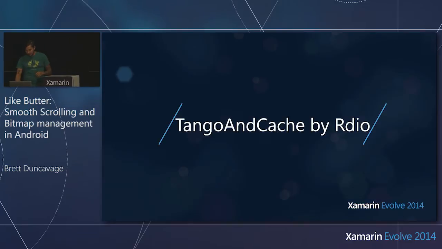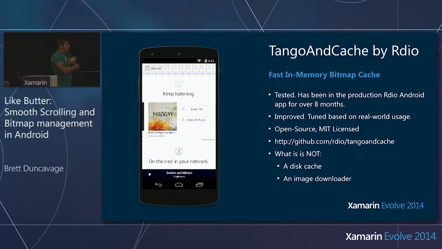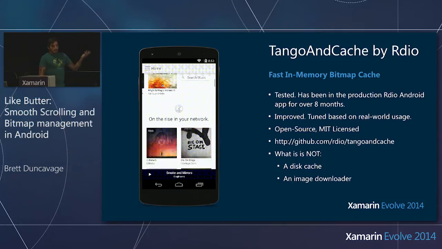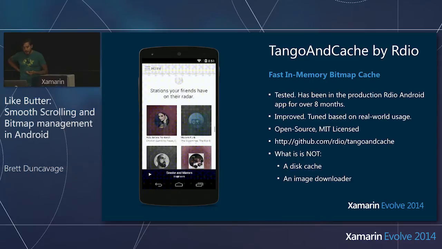I didn't want to get into the nitty gritty, but I have this open source project called Tango and Cache, which is a silly name, but it's a fast in-memory bitmap cache. It's tested. It's been in our app for about eight months, and we've improved it over the months.